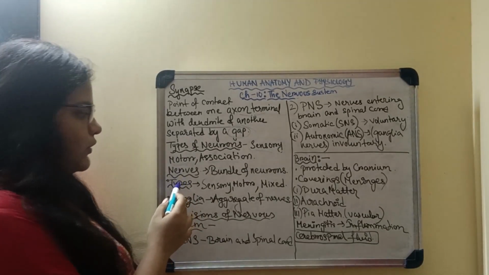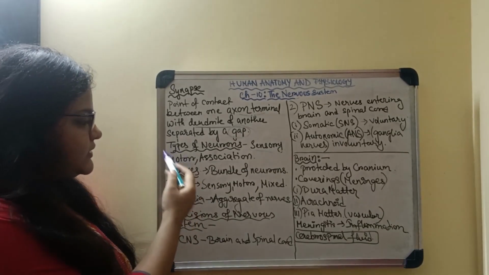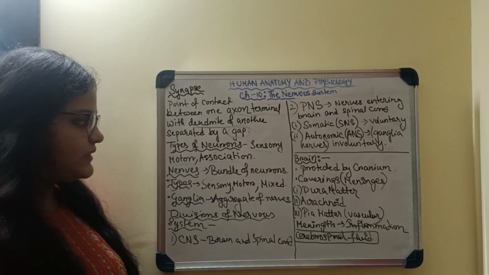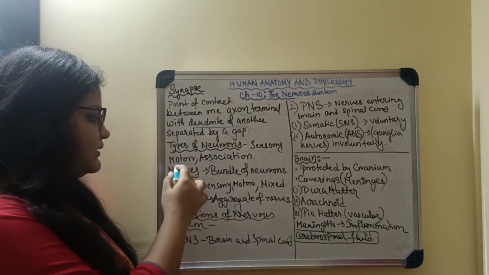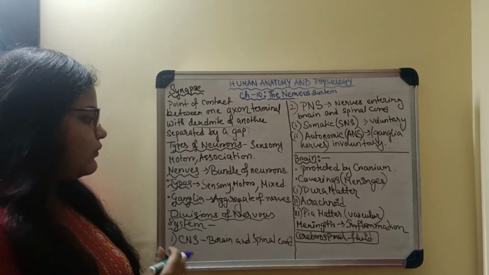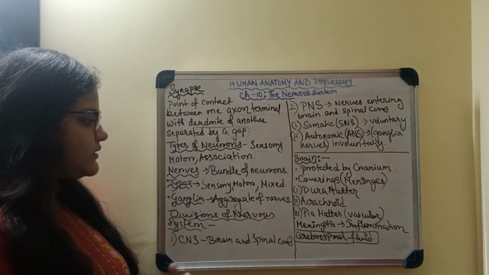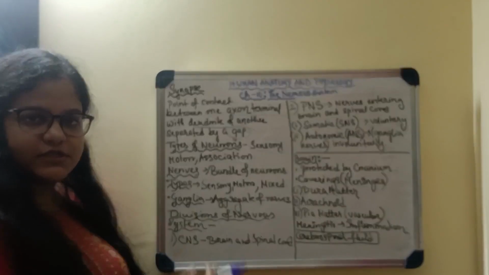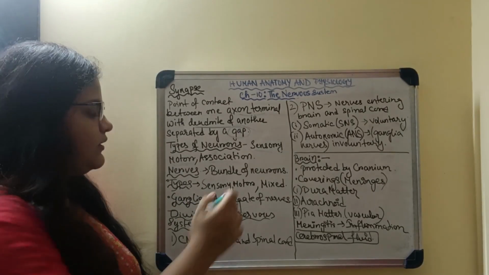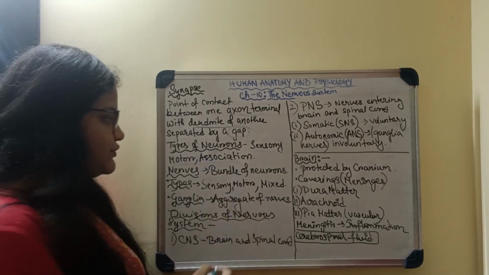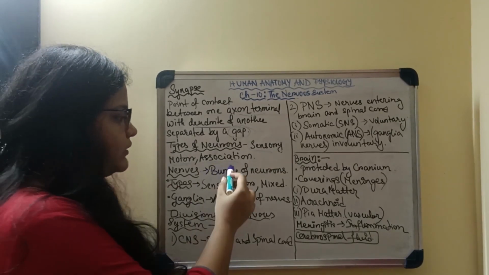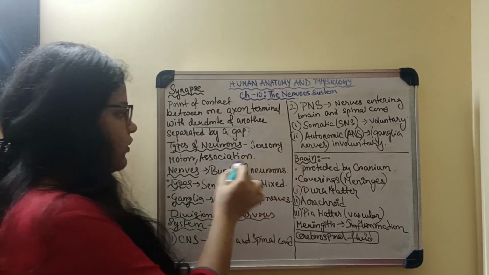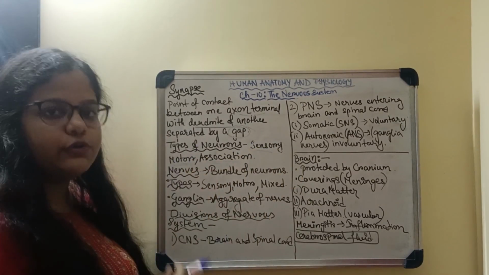The motor neuron carries the impulses from the brain and the spinal cord towards the effector. Okay. Now, what is the effector? Effector is the place which will react in return of the stimulus. Right. Now, what is the work of an association neuron? An association neuron is present in the connection of the sensory and the motor neurons.